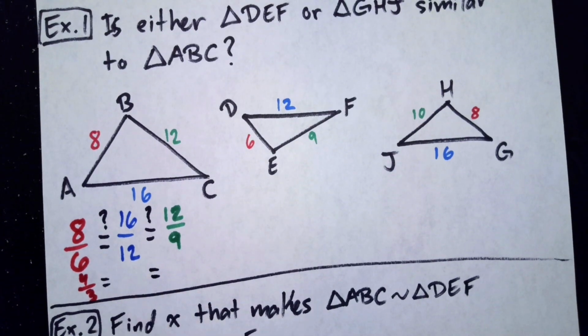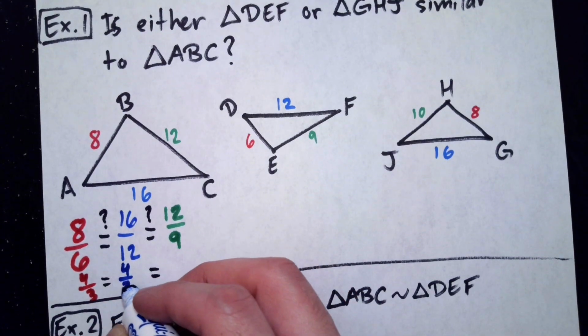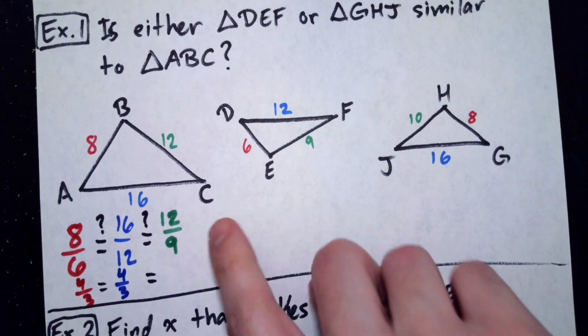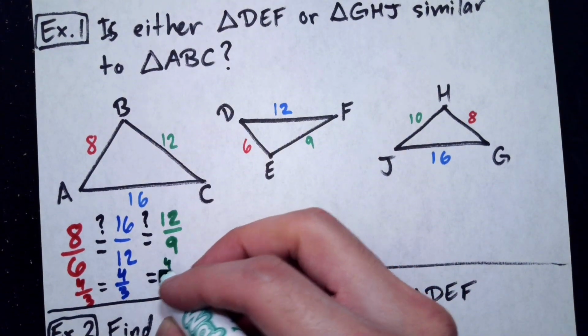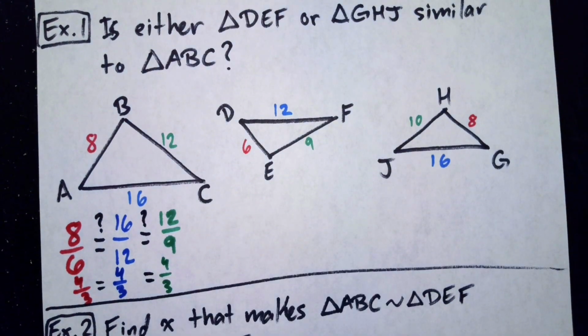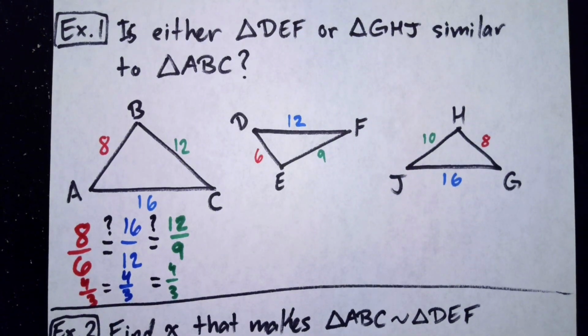If I simplify 16 over 12, that is 8 over 6, which is again 4 over 3. And if I simplify 12 over 9, I have to divide both by 3, and so that tells me I will be getting 4 over 3. So notice how we get the same exact corresponding ratio there.